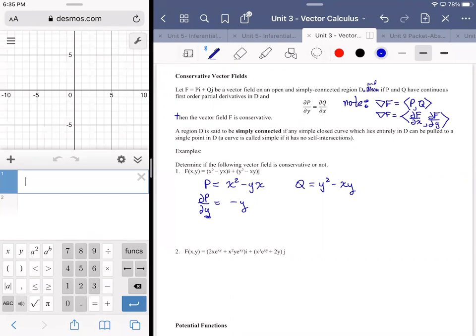What I'm actually doing is taking the second order mixed partial. I'll use the other notation, F sub x comma y.